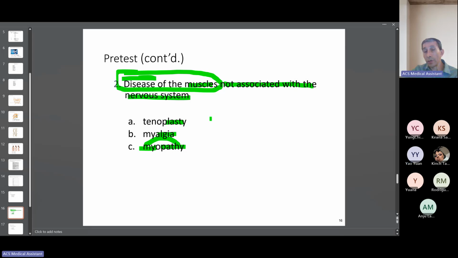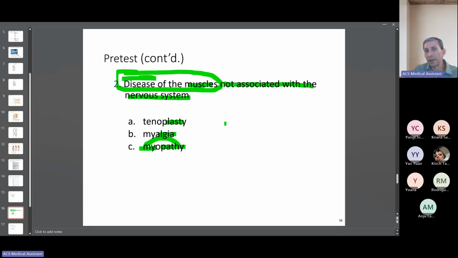See, when you read the questions, don't get put away or taken away from all the information they give you. These are distractors. These are associated words that they're going to put there just to see if you understand the question or not. But it says right here, disease of the muscle.